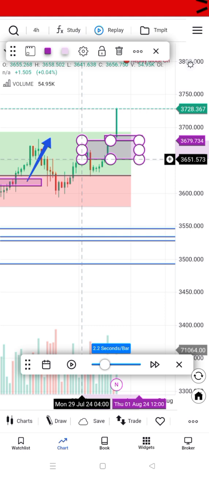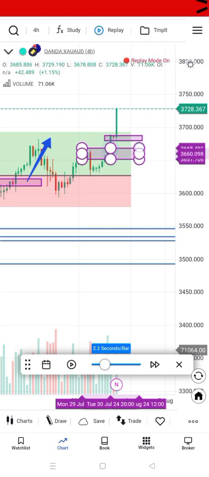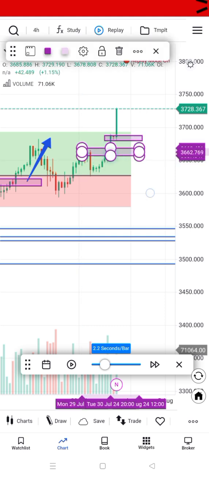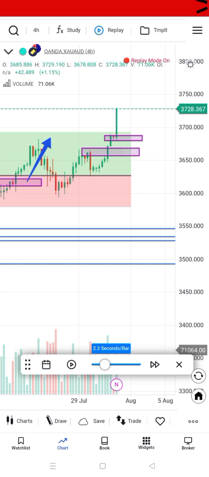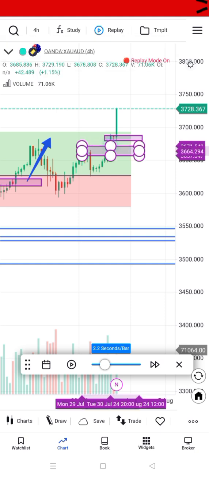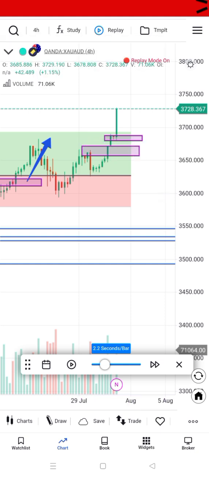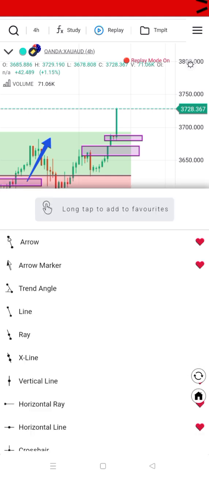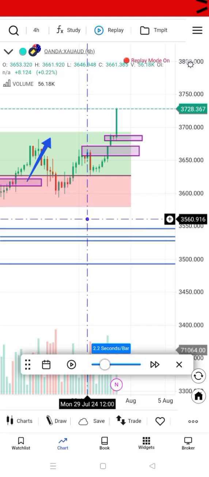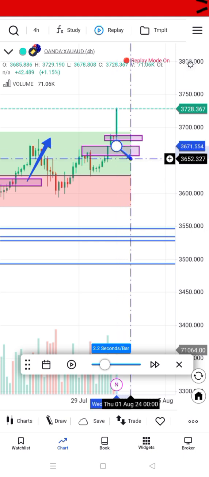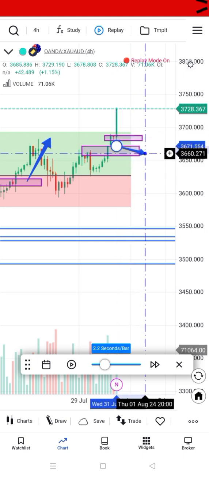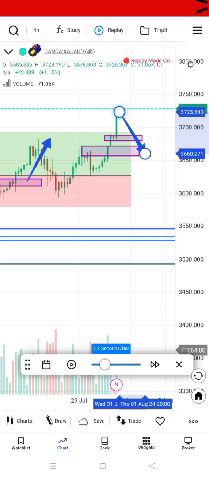So with the knowledge we have learned, what do you expect? You expect the market to return to that zone and then move up. But now what I want you to consider is this other zone down there. As a trader, I will wait for the market to come back to that lower zone, not the first one.